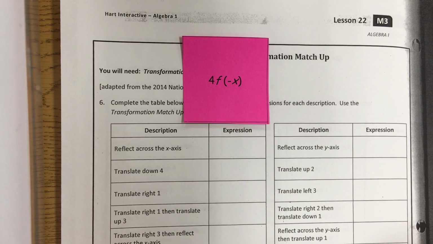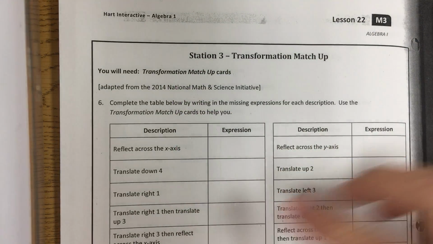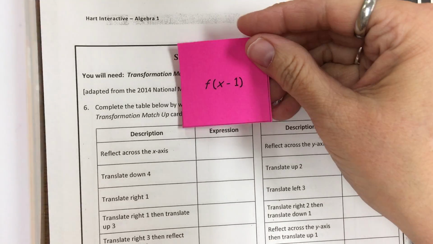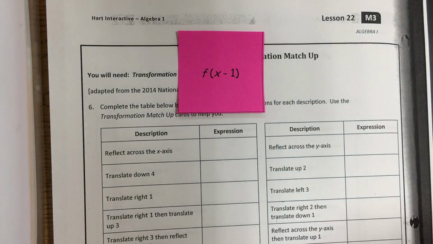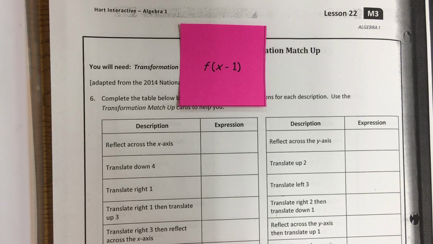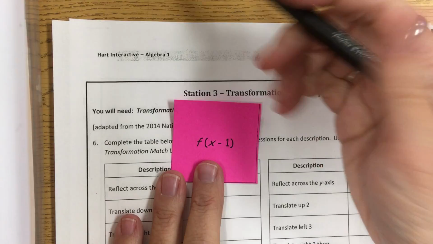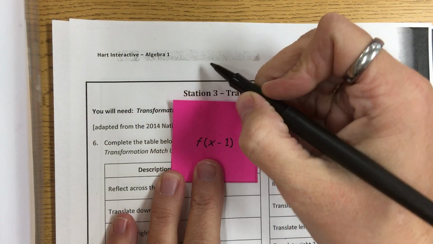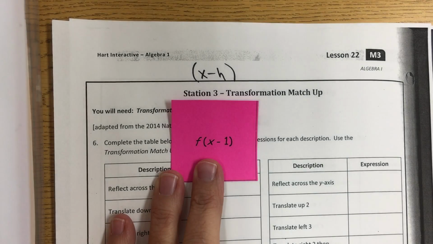Now I look at this card and it looks to me like it's happening to both. So I'm going to leave that for just a second. Then I look at this one, oh, that's happening to the x. So since our formula for this is when it's inside, it's x minus h.